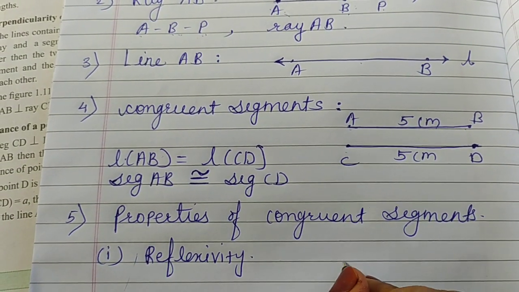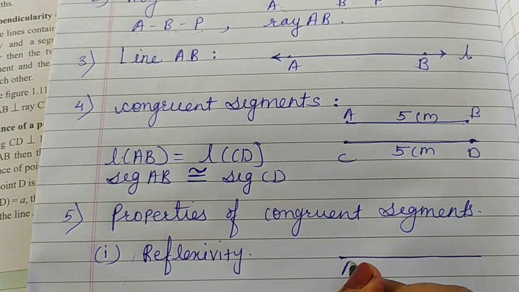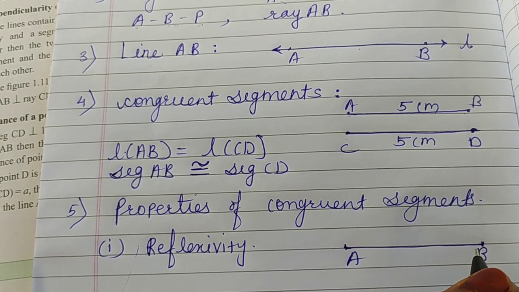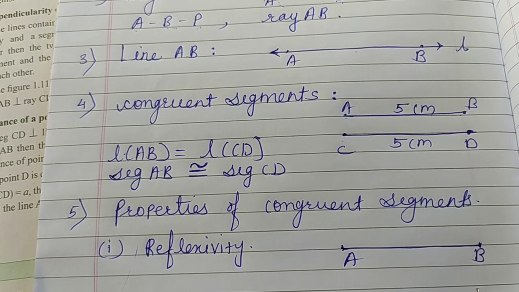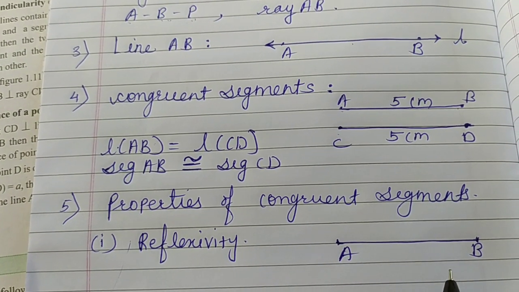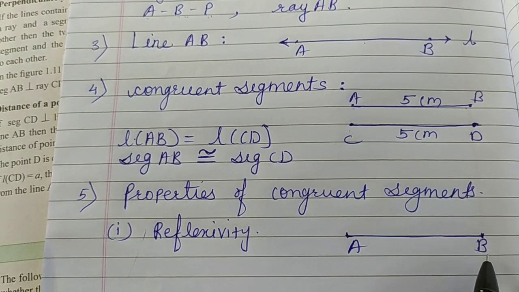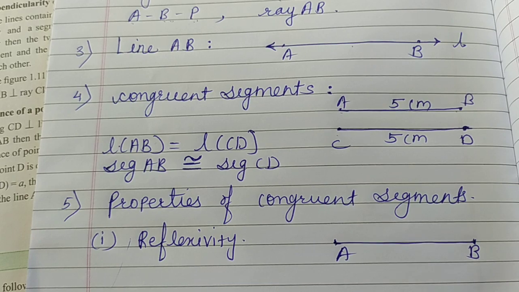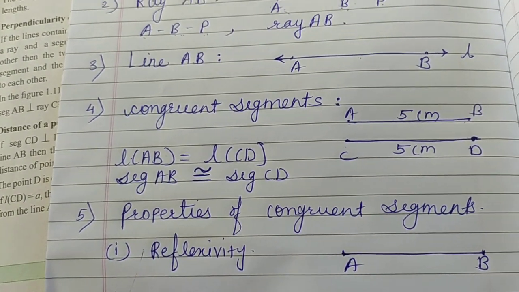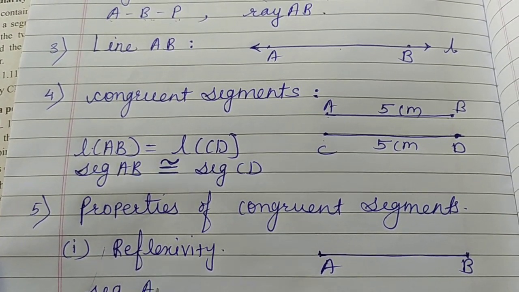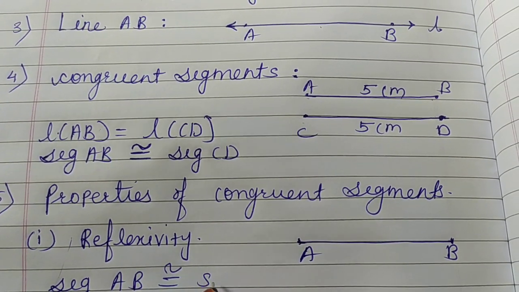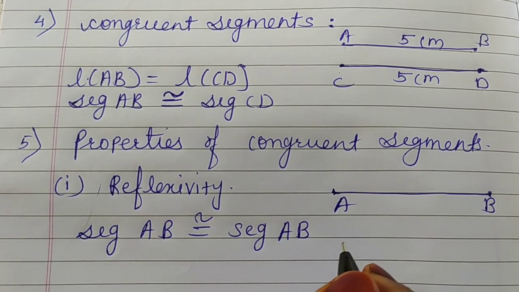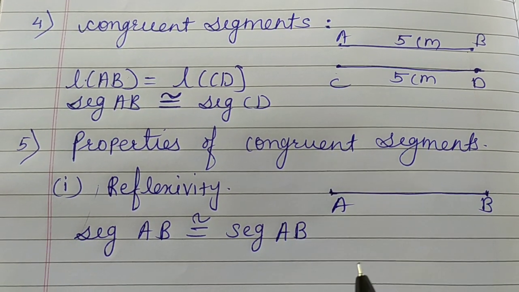Reflexivity means if you have any segment AB, every segment is congruent to itself. AB is congruent to itself. AB 5 centimeter and AB 5 centimeter means congruent to itself. So that is called reflexivity. You can write here segment AB is congruent to itself, means segment AB is congruent to segment AB. That is the reflexivity. Any segment is congruent to itself.